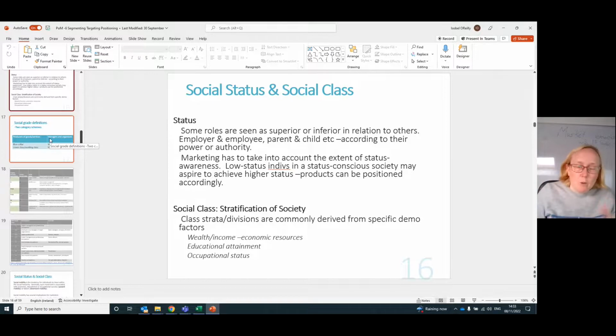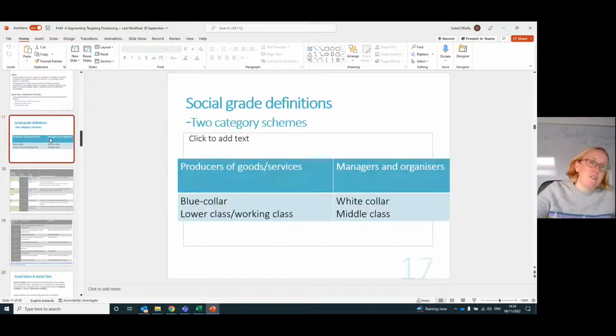So sometimes it can be tricky, especially when we're talking about subjects like this, because we are following stereotypes to a large degree. So in old-fashioned grades of dividing up workers or social grades according to work, there were just two classifications originally, blue collar and white collar.